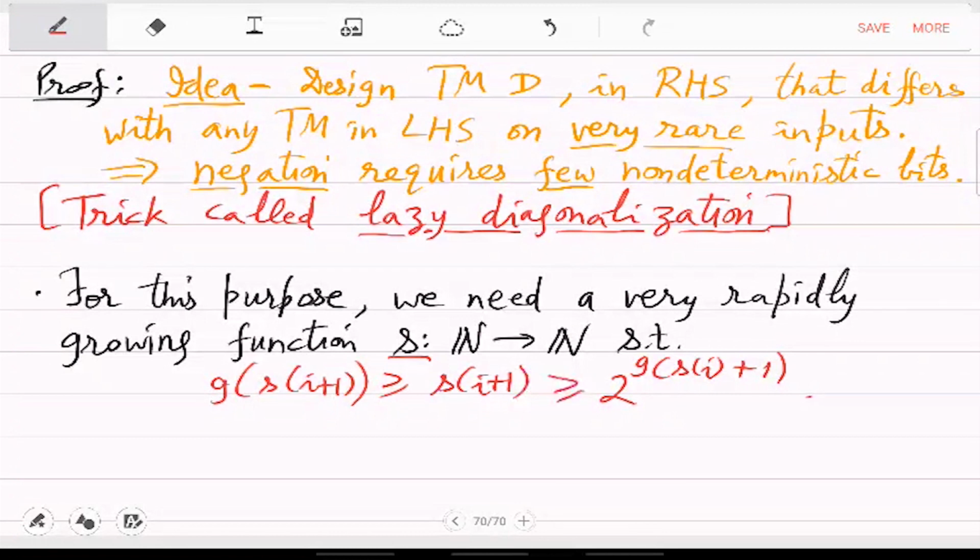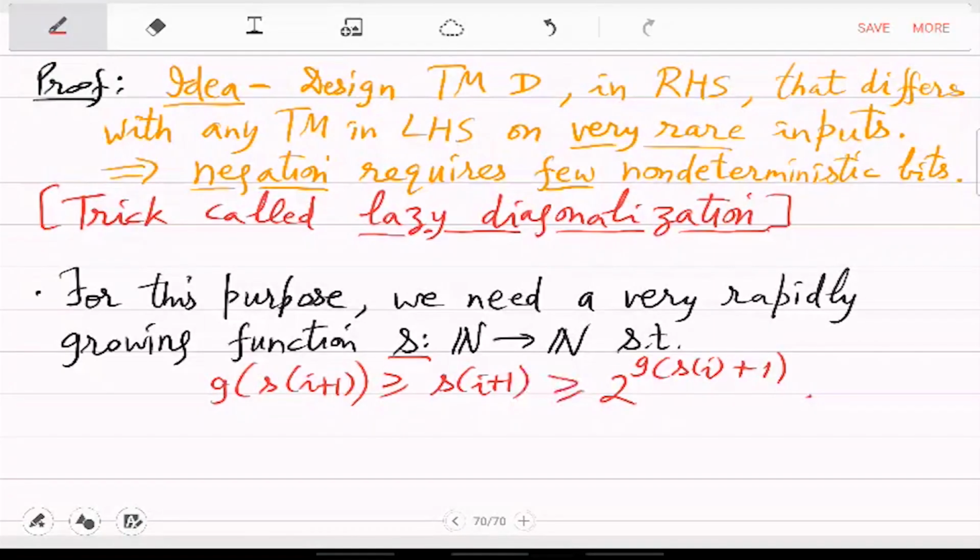Fine. So, in particular, we are saying that S(i+1) should be growing, if you look at S(i), S(i+1) is exponentially larger, and there is also g involved. So it is more than just 2 raised to S(i), and g. The other condition is kind of trivial: g(S(i+1)) greater than S(i+1) for all i. Okay, so this is a very rapidly growing function. We will use it next time.